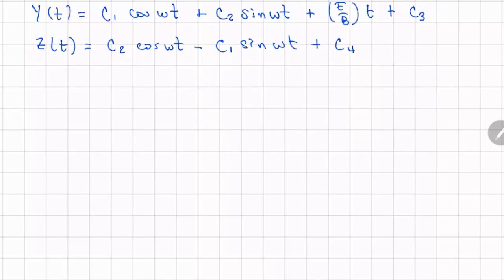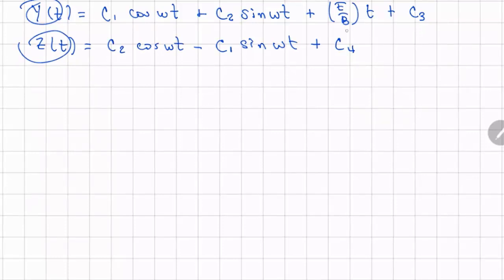Let me mention something about it. The first one, this equation is the solution for the y component, and this one is the solution for the z component, and they are general solutions for, in this case, coupled differential equations.